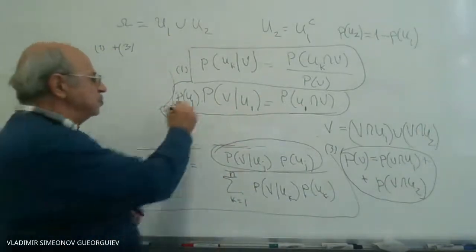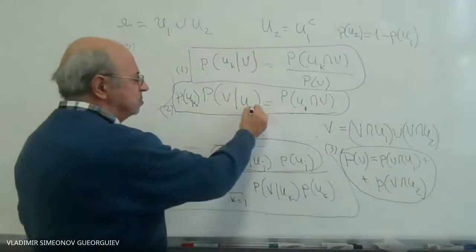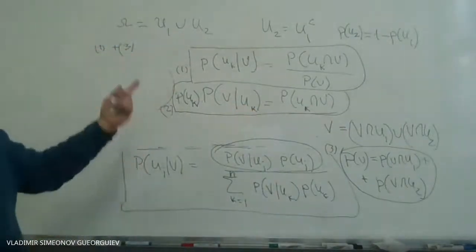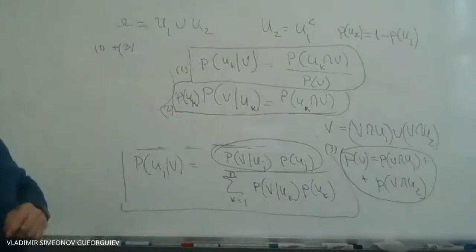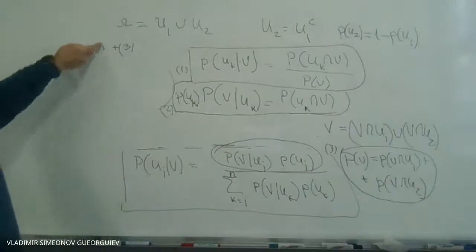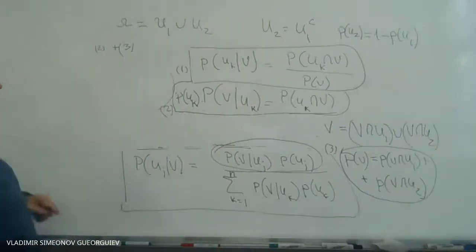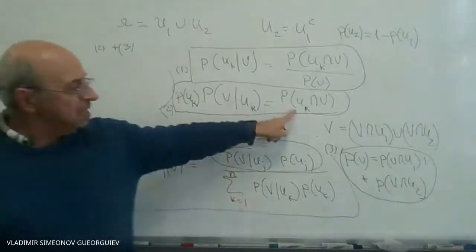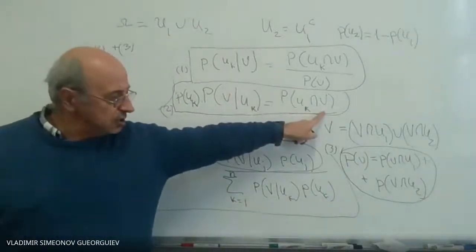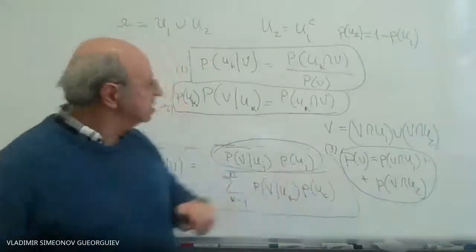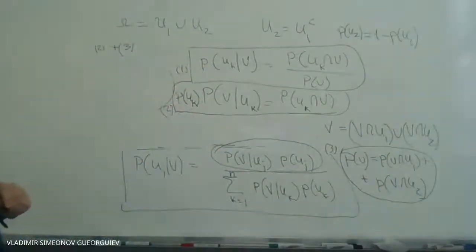We could put U kappa, U kappa, U kappa. This is irrelevant whether we take U1 or U kappa. If you take this product, it is probably better to refer to 2. If we take this product that is in the sum, we take the probability of intersection. But the probability of intersection, if you take the sum, gives you the probability of V.